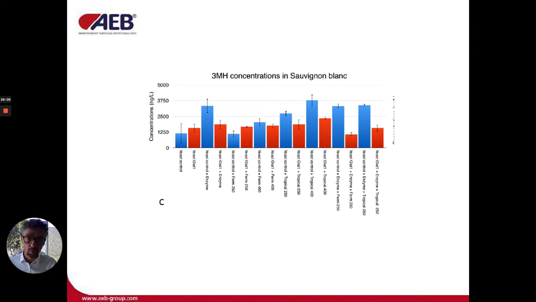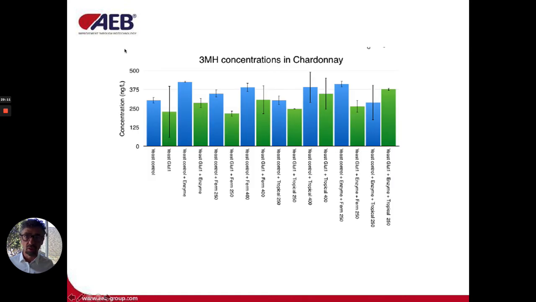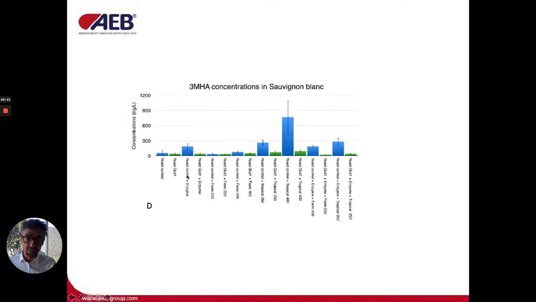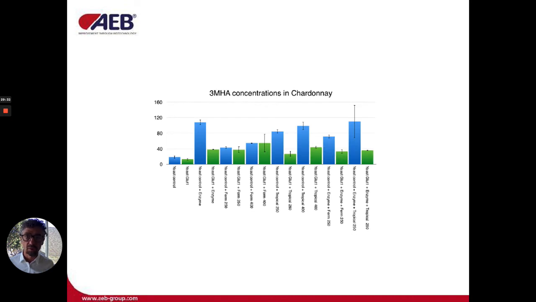This is in Sauvignon Blanc for 3MH. This is 3MH in Chardonnay, similar result. We see the Tropical at 400 mg/L, 40 grams per hectoliter. We see here with the enzyme, again, 3MH in Chardonnay. 3MHA in Sauvignon Blanc, very high with the Tropical, rather low with all the other trials. 3MHA concentration in Chardonnay, high with the Tropical and the enzyme.